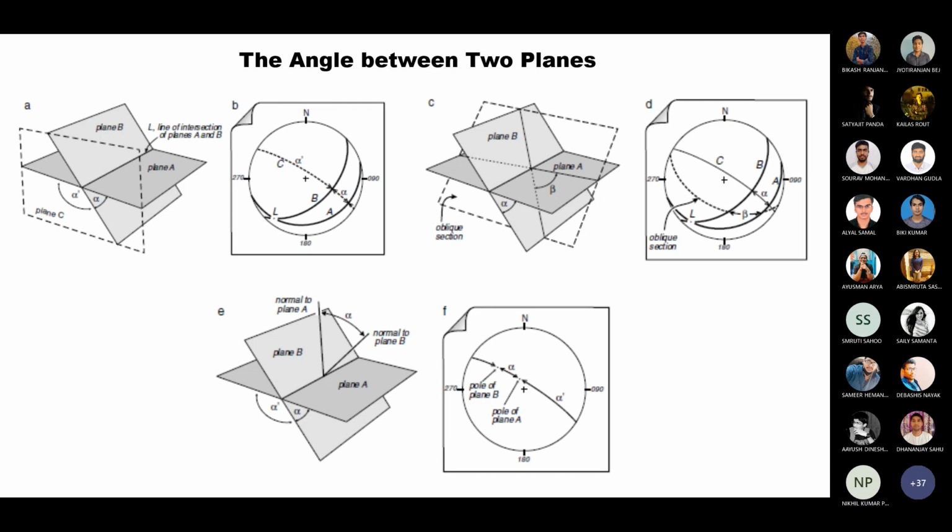And if you want to calculate the angle between two planes, then you have to find the angle between two great circles, which is schematically and diagrammatically given here.